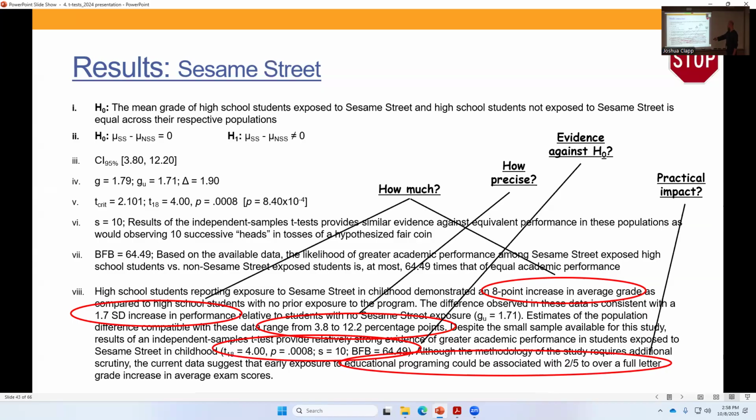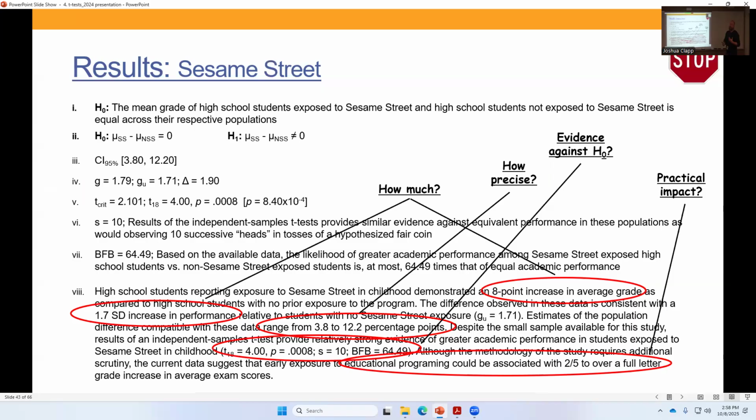Here is over a full letter grade, right? Is this a standard way to interpret things? I don't know. If I'm looking at that interval estimate, thinking about how big a magnitude this is, I'm just saying on the low end it could be this much, on the high end it could be this much, right? A different way of presenting basically an effect size, to try and convey some practical importance of this.